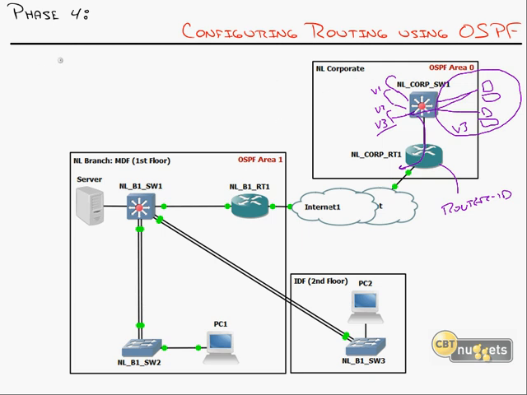When you are adding interfaces to OSPF using the network command, you go router OSPF, type in a process ID, and type in network, let's say 10.1.1.0 with a wildcard mask 0.0.0.255. So it says, I'm going to advertise that network to the rest of the world. Well, let's say that's VLAN 1. It's going to advertise that network to the neighbor, and he'll advertise it to the rest of the world. That's how routing protocols work.